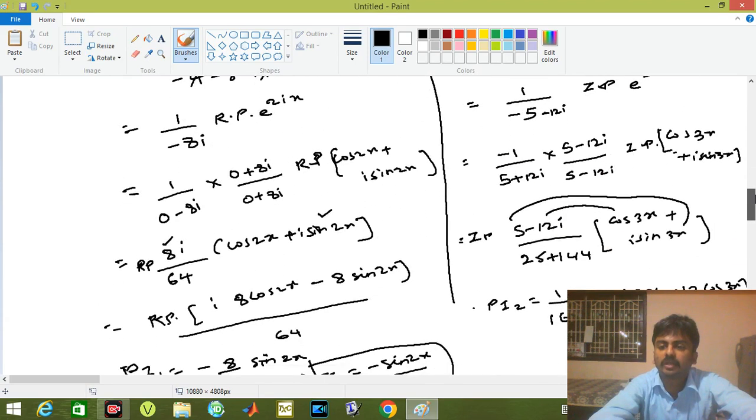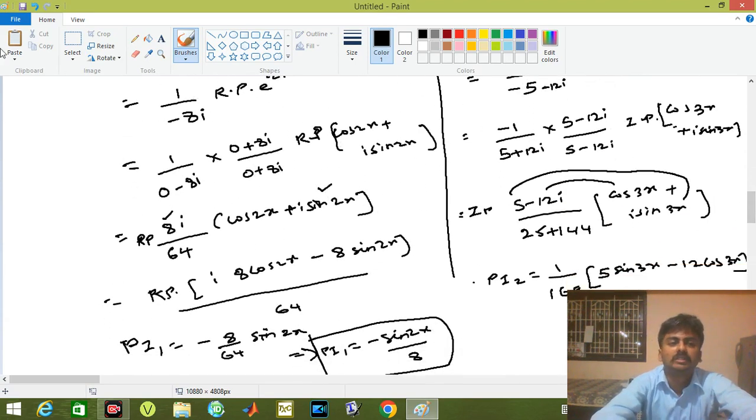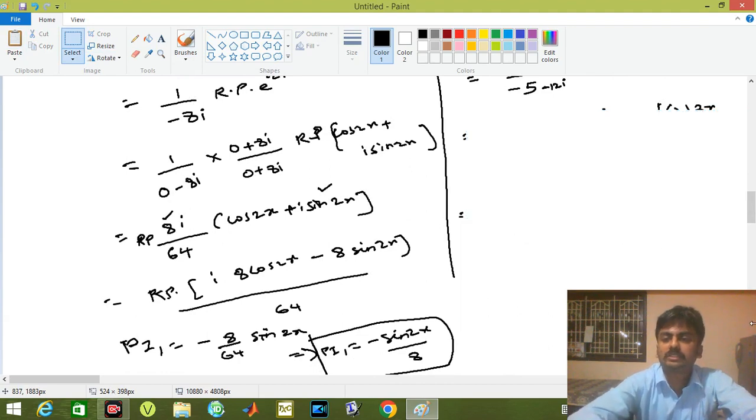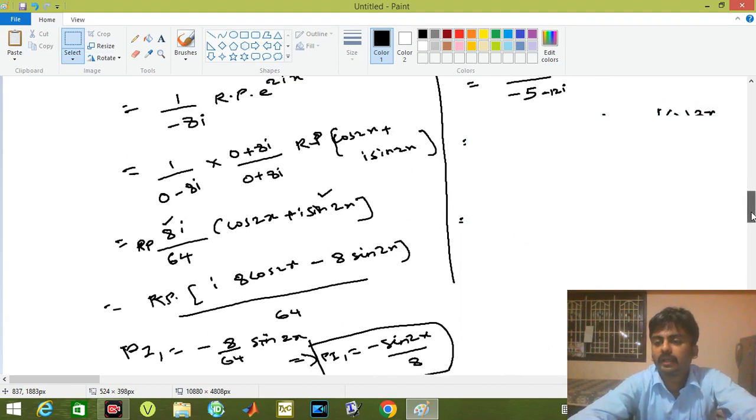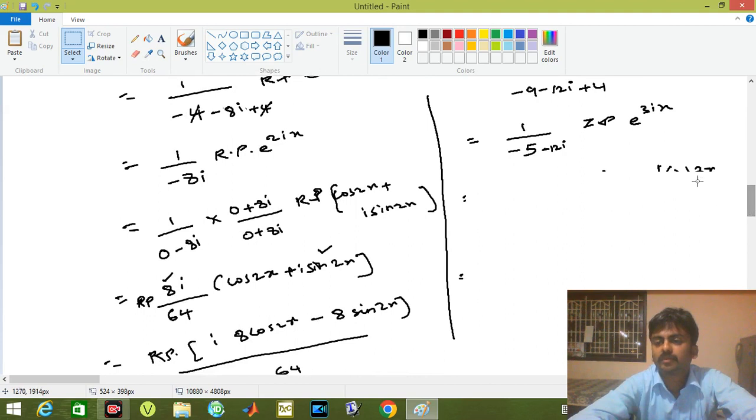Yeah, you are not supposed to change the sign, so don't change the sign. Write it as it is, because changing the sign will give you the wrong answer.